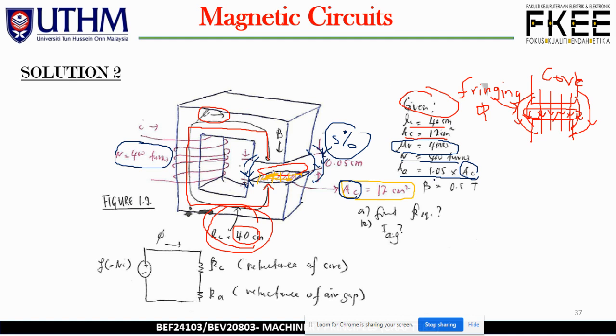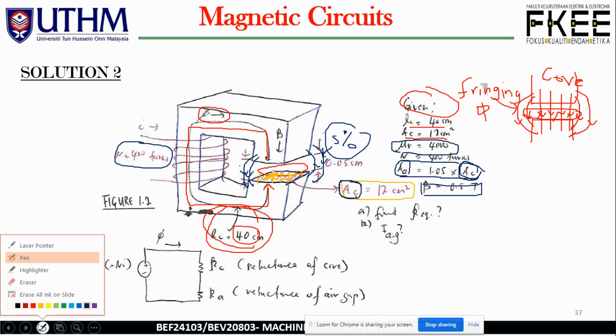So we can say that the cross-sectional area of the air gap is 1.05 times the AC. And the flux density B is 0.5 Tesla.